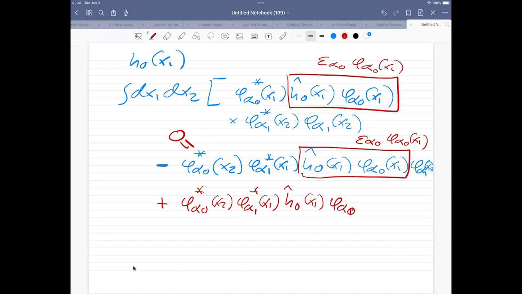Oh, sorry, 0. But now this is x2 here. And then I have a phi alpha 1 of x1. These two wave functions are just numbers, so I can always interchange them. So now h0 is acting on this one, which gives me an epsilon alpha 1 times phi alpha 1 of x1. And if I now look at the integrals, what should I get there?